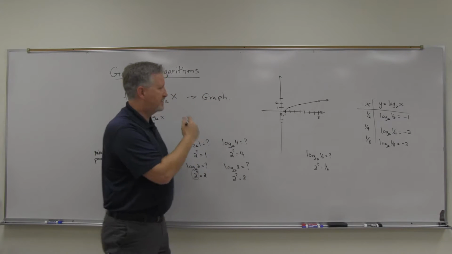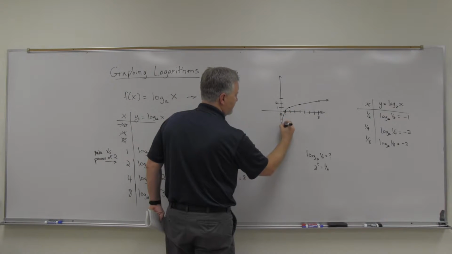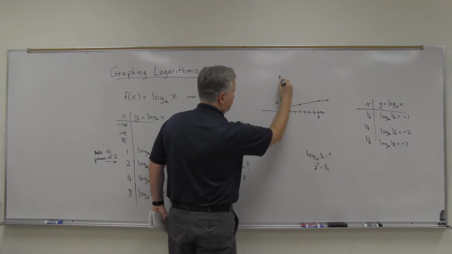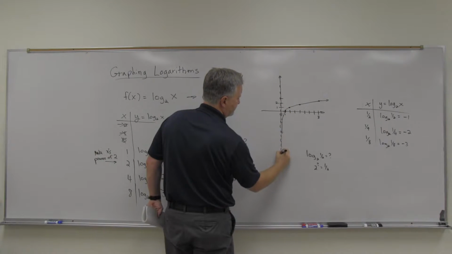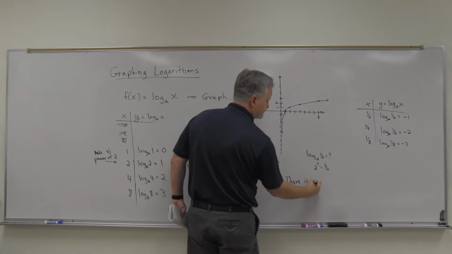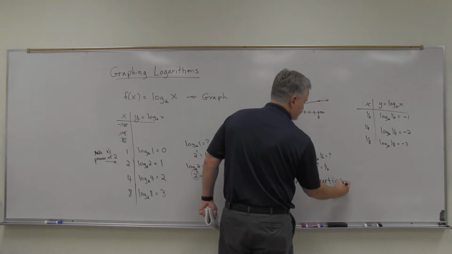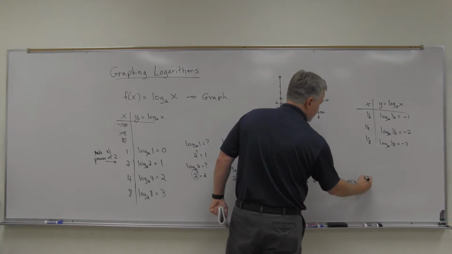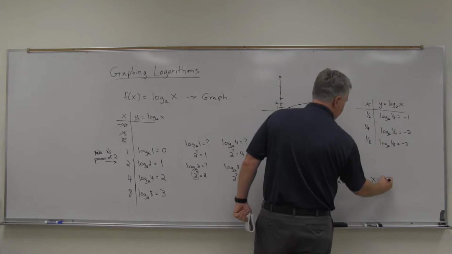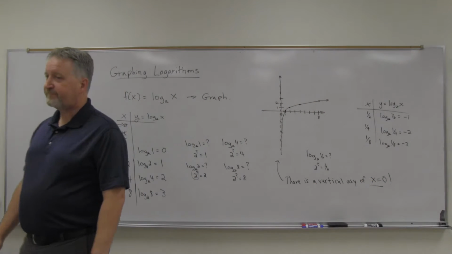Does that remind you of anything, what's happening there? I'm getting closer and closer to the y-axis, but it's a vertical asymptote. Yep. There's a vertical asymptote of x equals 0. Yeah, in logarithms, you've got a vertical asymptote.